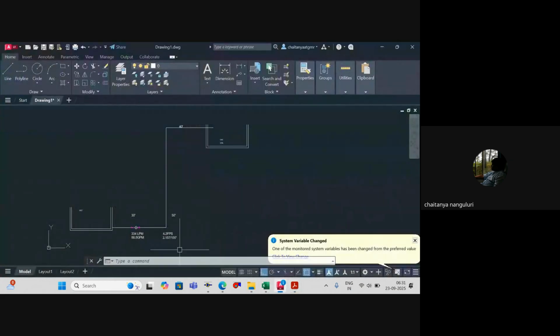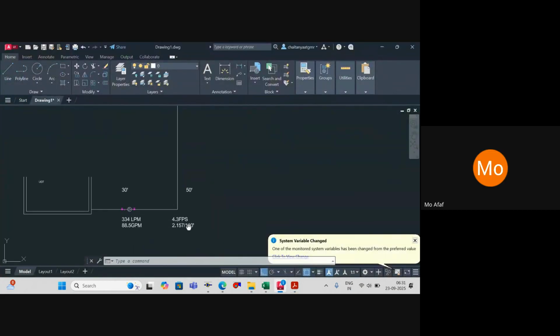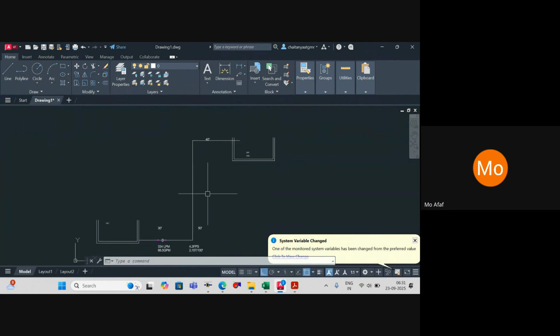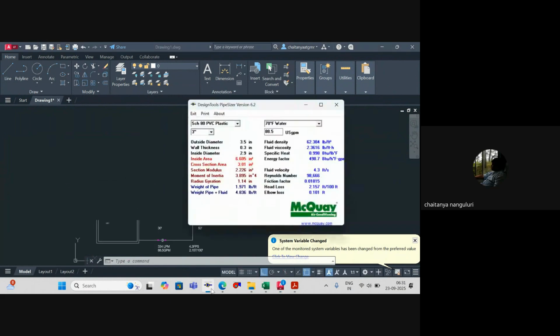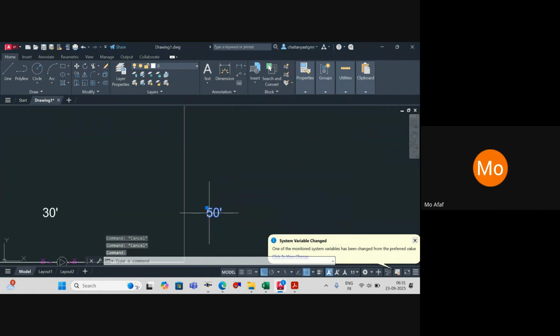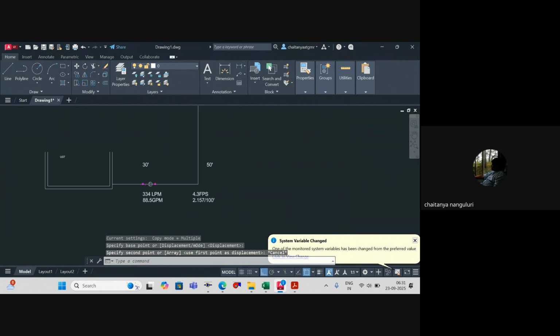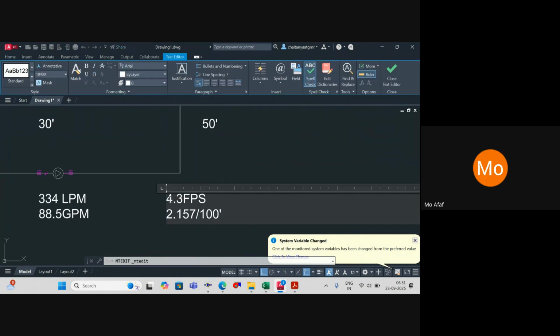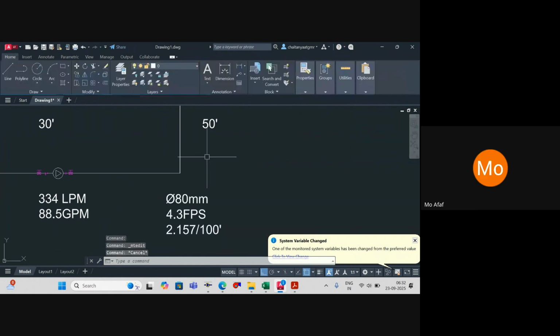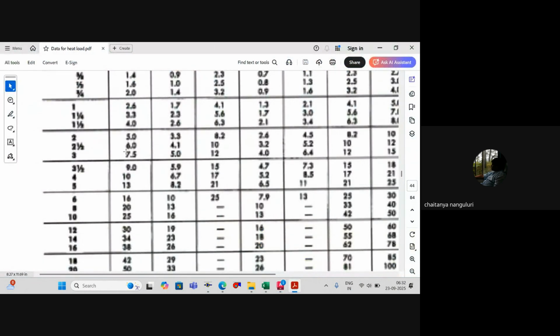The pipe size is 3 inches. I didn't mark it, sorry. That's 80 dia. Generally 3 inches means 75 mm, and 75 is not available, so you go for 80 dia. For 3 inches size, the equivalent length is 7.5 feet.